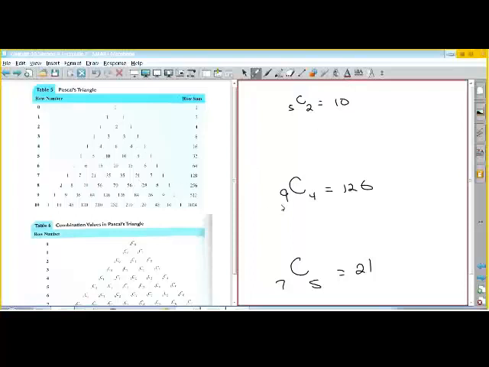So that's 10. That's how I get that number. 9 things taken 4 at a time, the number of subsets, you go to the 9th row, 0, 1, 2, 3, 4 is 126. And 7 things taken 5 at a time, you go to row 7, and you'd go 0, 1, 2, 3, 4, 5. You get 21. So that's how it works.